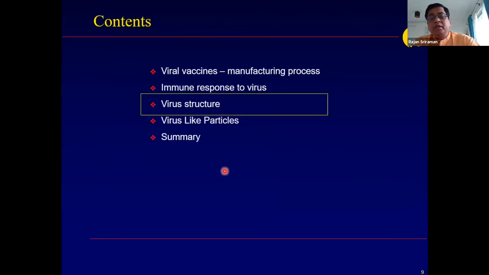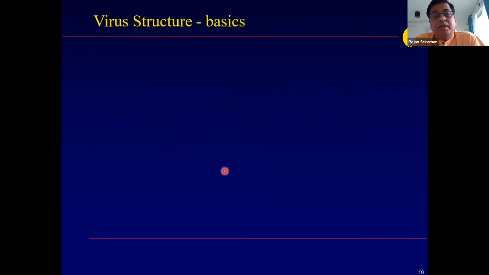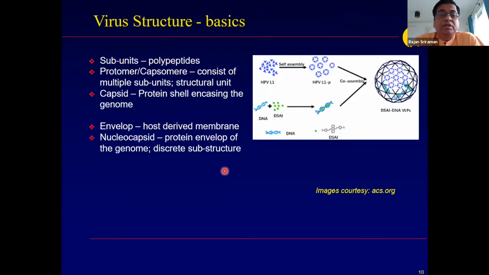Now, with that in background, let's look at what the virus structure is. These are the terminologies that I would be using. A subunit is nothing but a polypeptide, and here you have the human papillomavirus L1 protein.